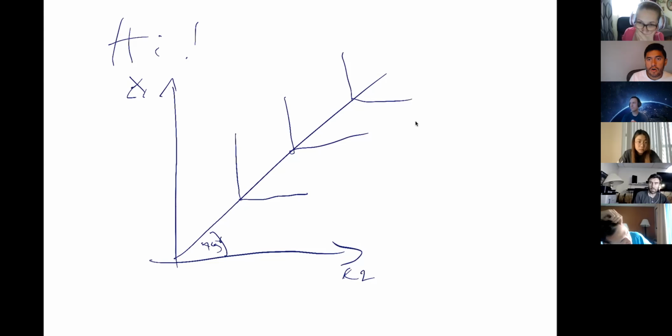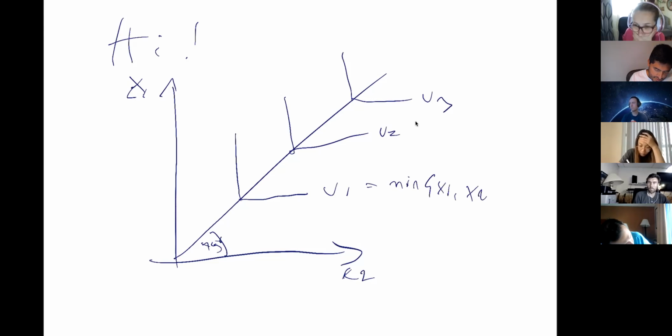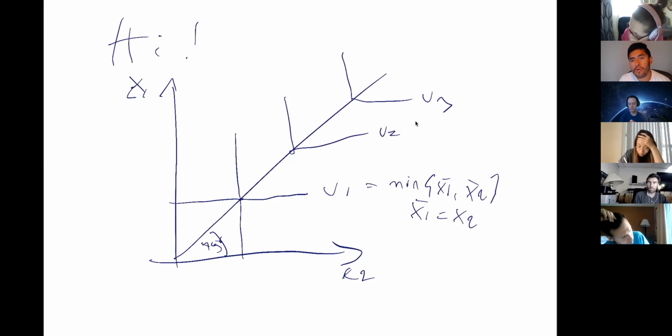All of them map to a different level of utility, U2, U3, and this is equal to the min of X1, X2 bar, and basically they are equal exactly. So x1 is equal to x2, right? These are the famous perfect complements. They are this shape, as you can see in the shared screen, on the iPad.